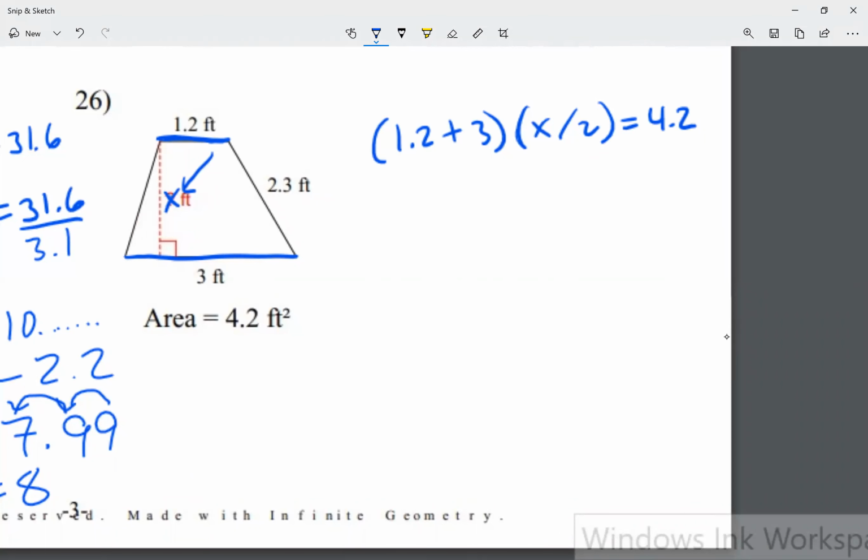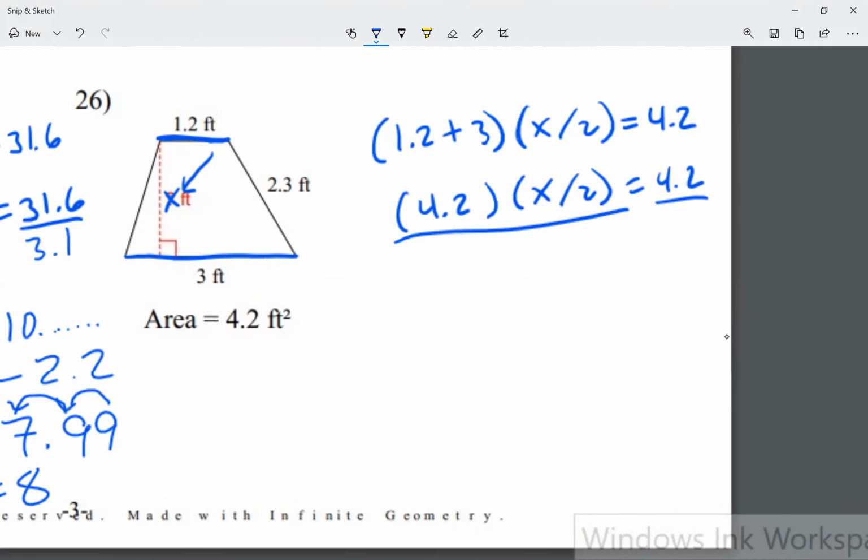All right, I should be able to work one of my parentheses, in this case, the first one. 1.2 plus 3 is 4.2. The second parenthesis is x divided by 2. And all of this is equal to 4.2. Let me divide this by 4.2. Reason again is I want to cancel one of my parentheses.